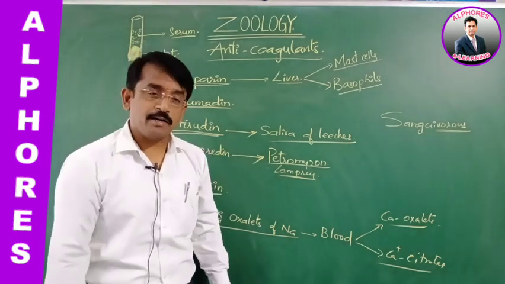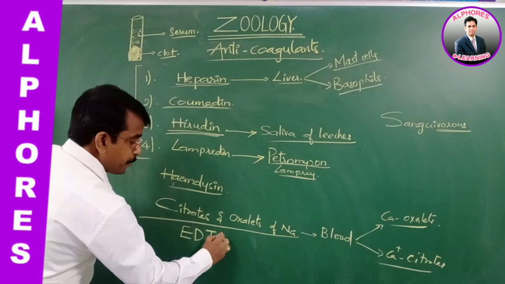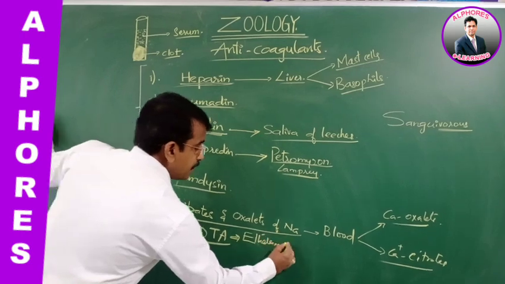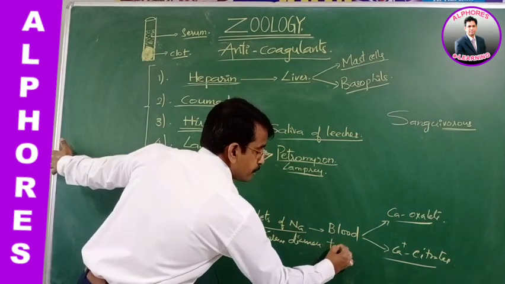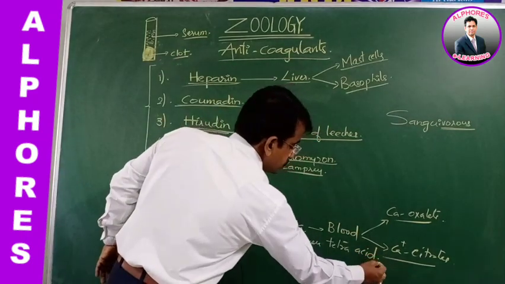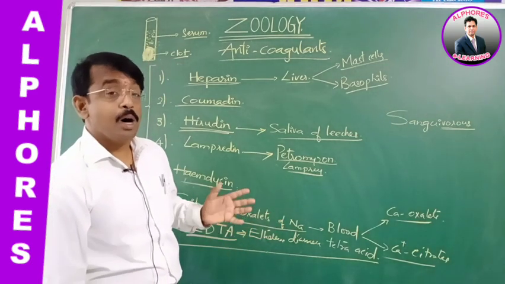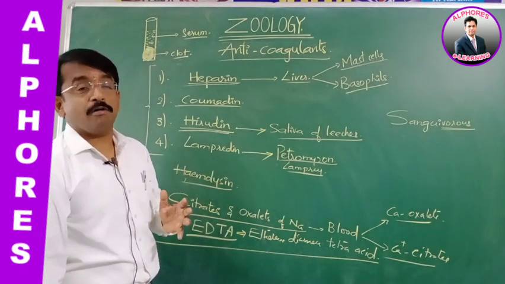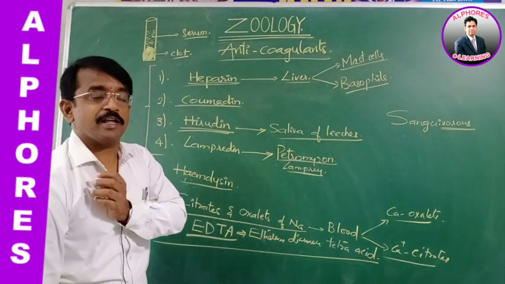Understand? And besides that, EDTA, ethylene diamine tetraacetic acid, is also said to be used for the removal of the calcium and for the storage of the blood in the laboratory.